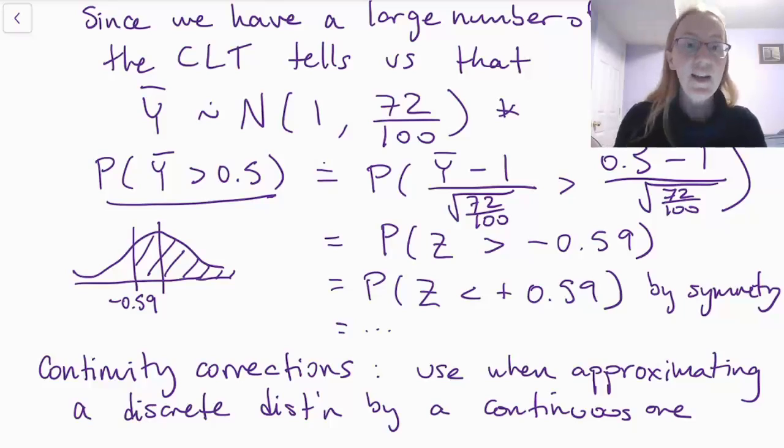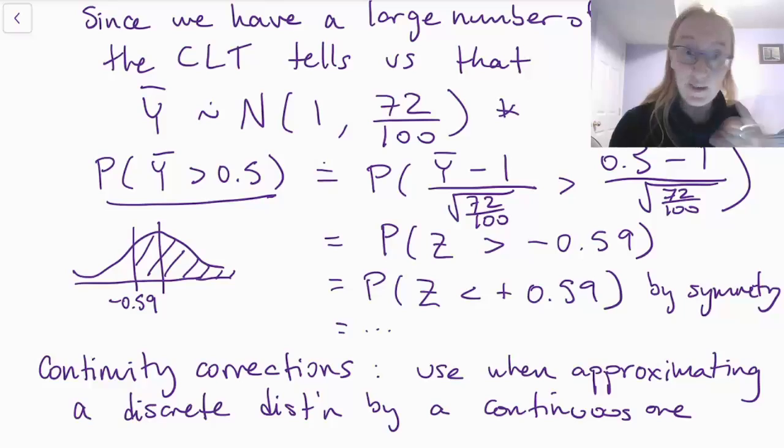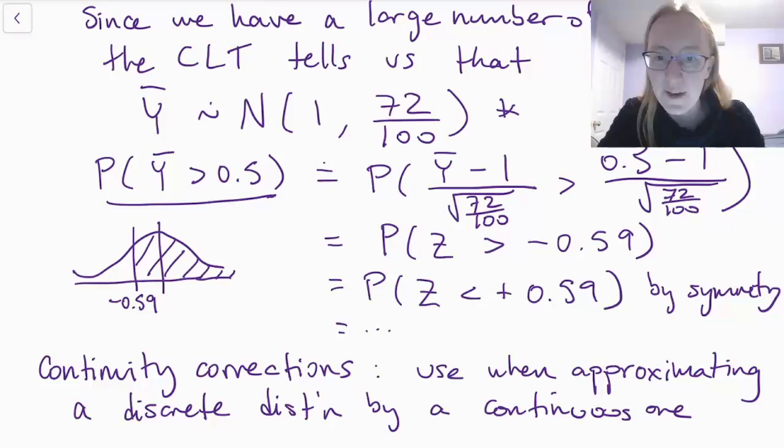So for example, the normal approximation to the binomial or to the Poisson or to any discrete distribution. And you would not need it if you were using, say, the Poisson approximation to the binomial, because those are both discrete. You wouldn't need it if you were using a normal approximation to a sum of exponentials, because they're both continuous.